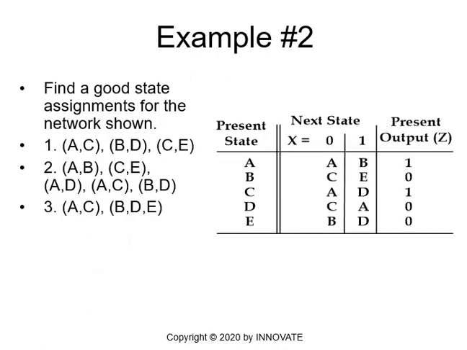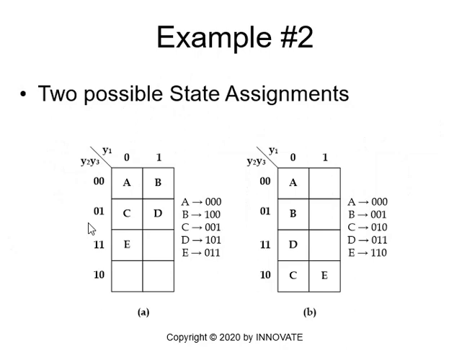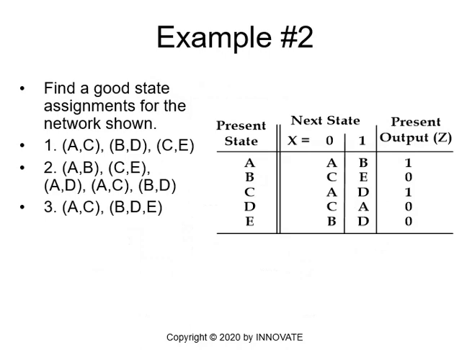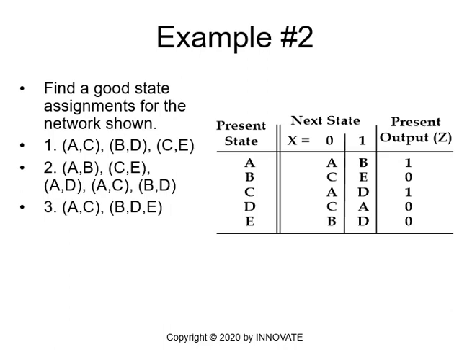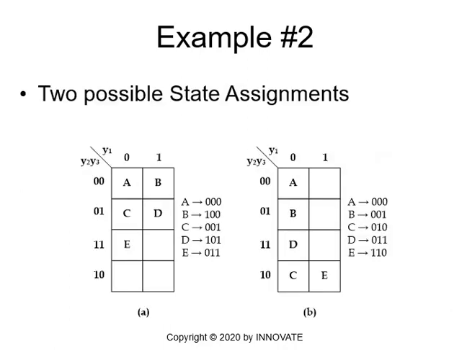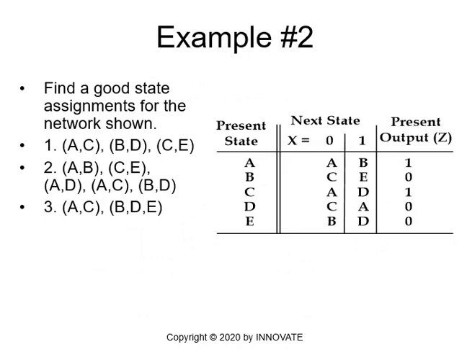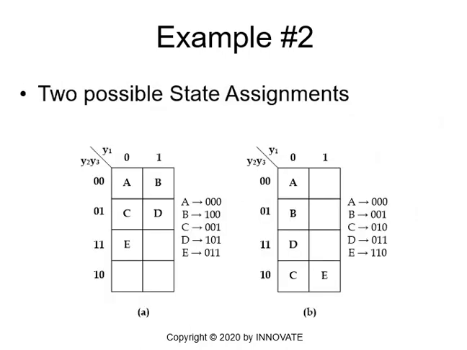AB is met. What else do we have? We have BD, we have CE. CE is met. And we have AD; AD is not met, we cannot meet AD. AC is met.